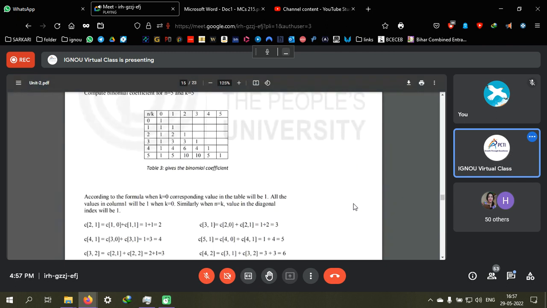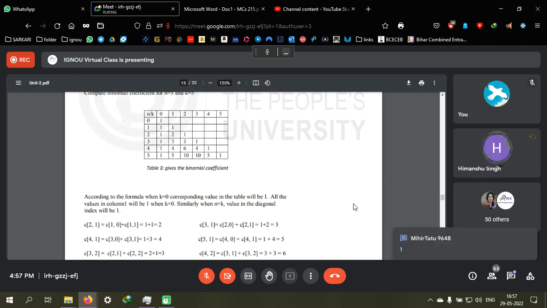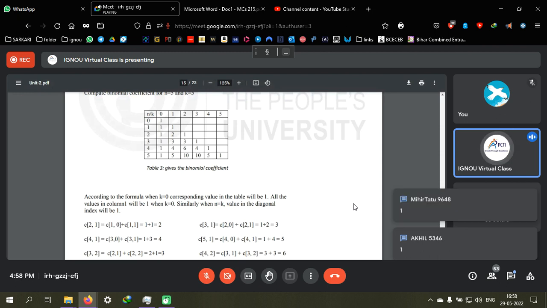0C0 is equal to 1. 1C1 is equal to 1. 2C2 is equal to 1. 3C3 is equal to 1.